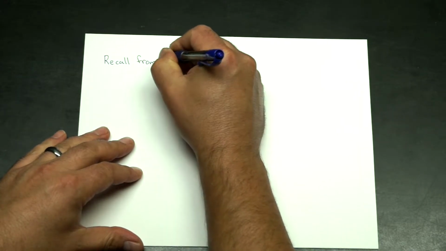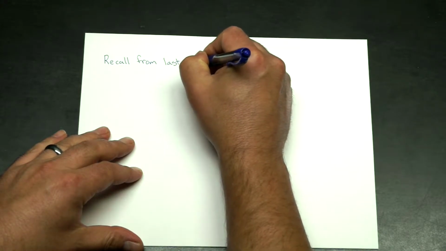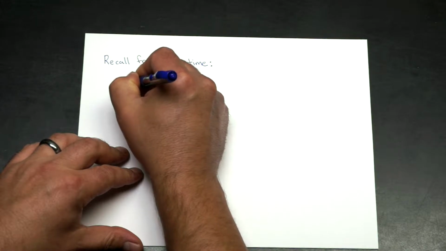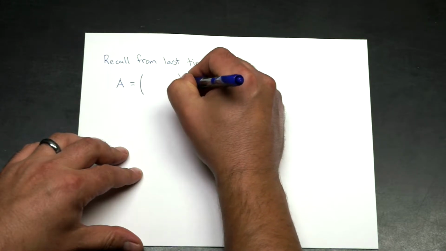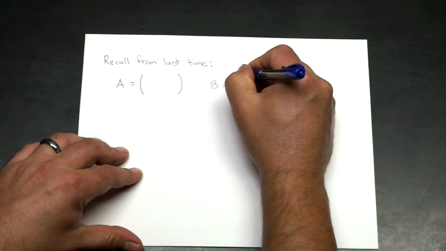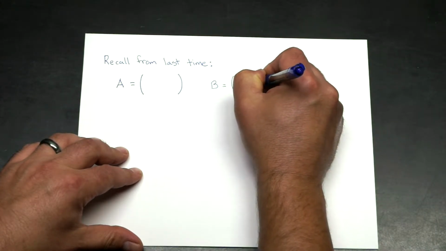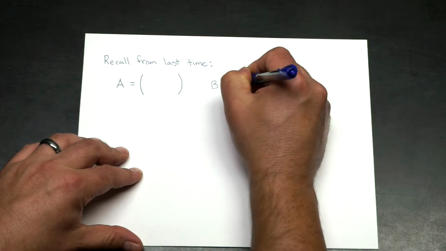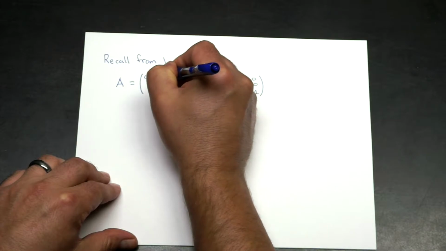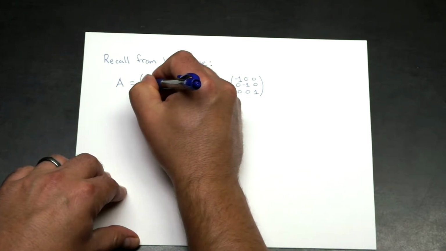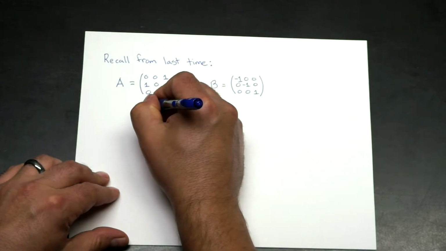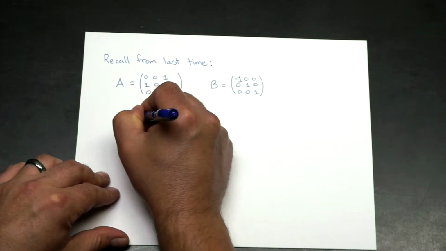Recall from last time, we had 2 matrices, A and B. We'll write out the entries of the matrices A and B. There's B. And here's A, but that's not the best way to think about them.